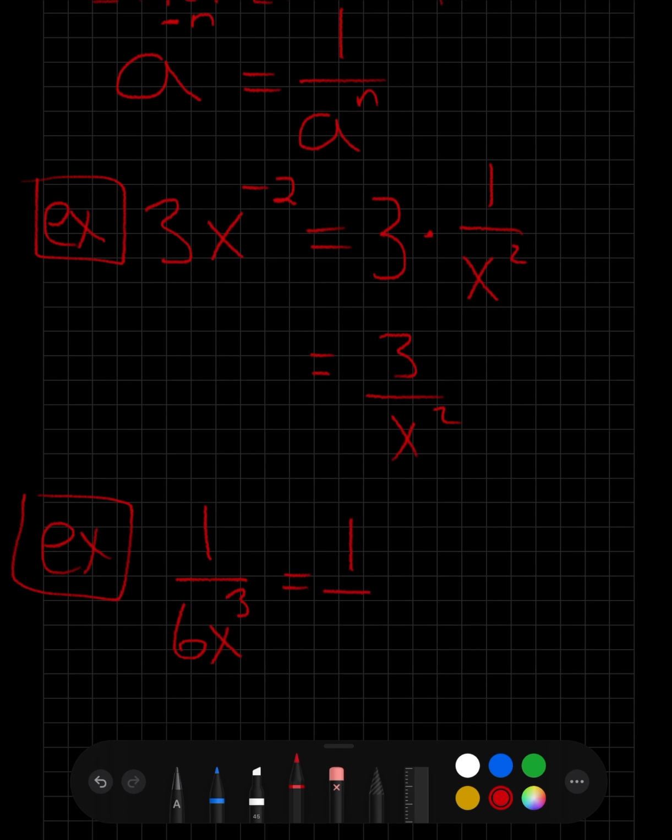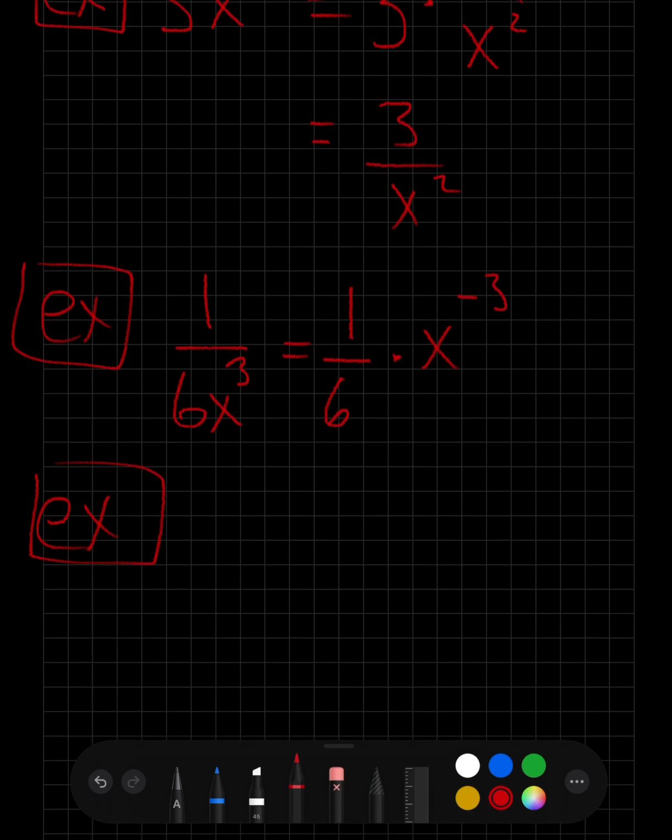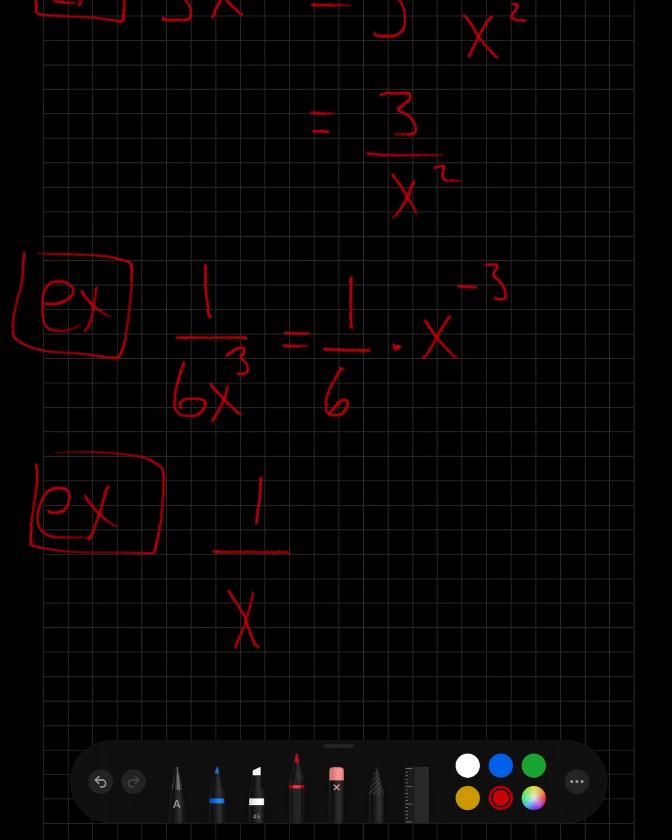That would be the same as saying 1 over 6 times x to the negative 3 power. Let's do another example, a little bit simpler one. If I just had 1 over x to the 13th power, that would be the same as x to the negative 13 power.